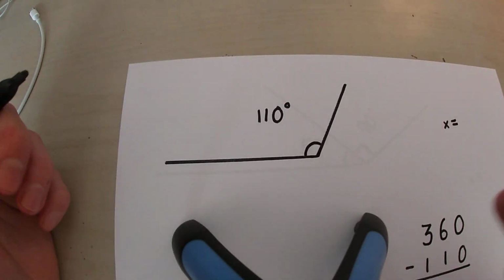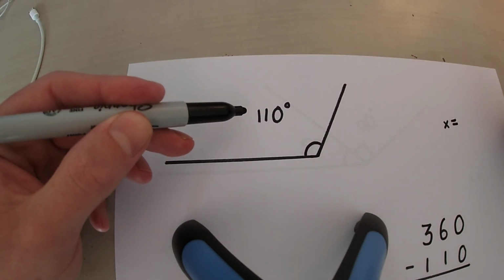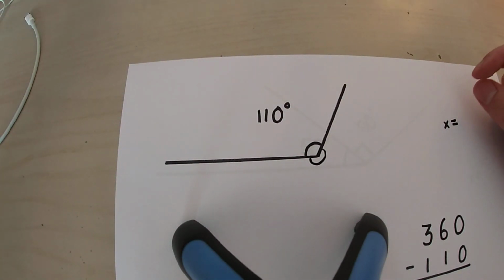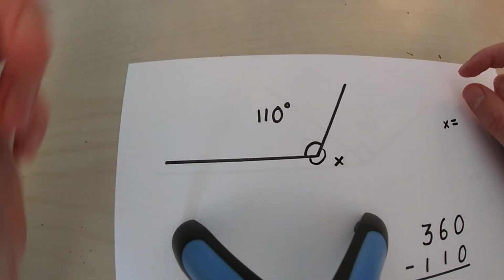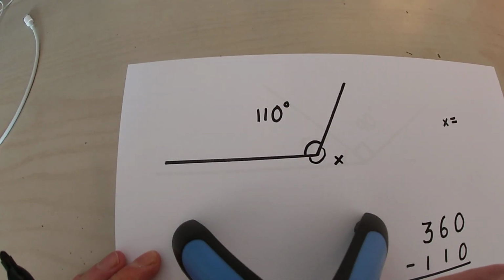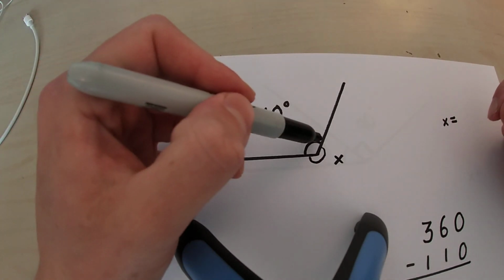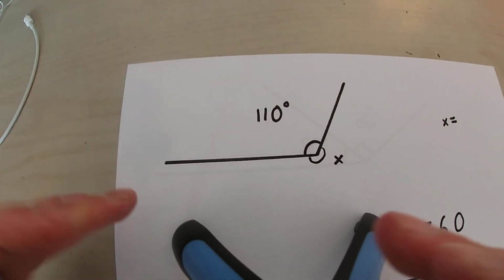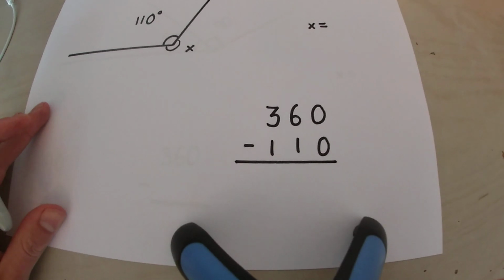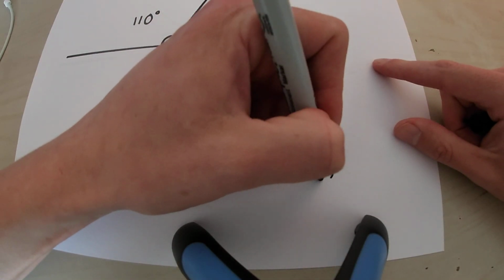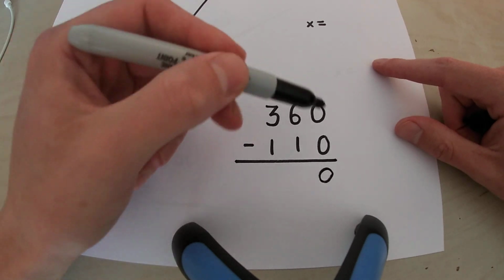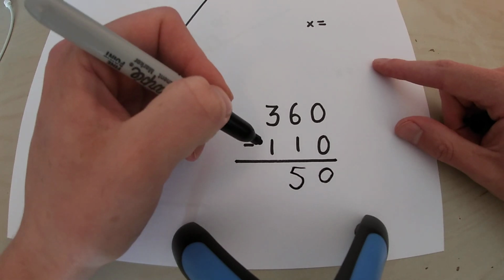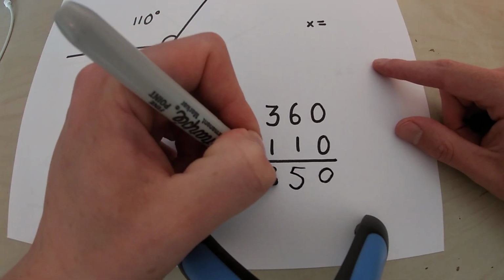Okay, we have one known angle, but we are looking for this unknown angle, which we, once again, are going to call X. So we know that these two together add up to 360. We know that part of this 360 is 110. So let's do some calculations. 360 subtract 110: 0 take away 0 is 0, 6 take away 1 is 5, 3 take away 1 is 2.